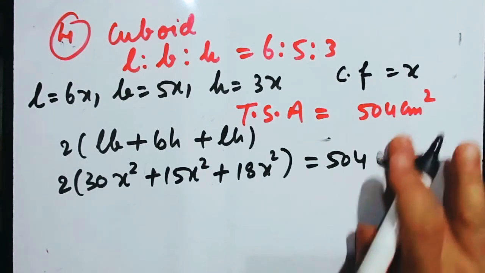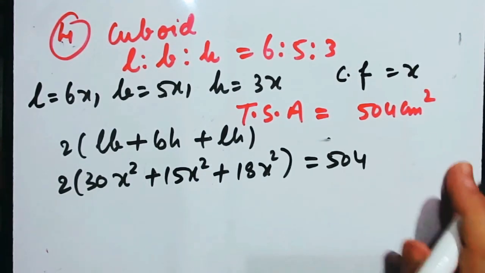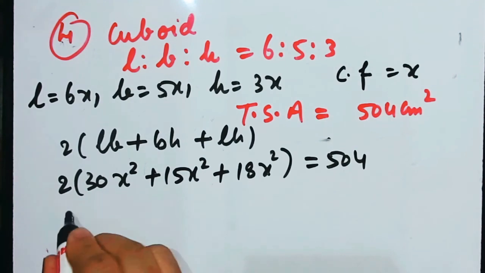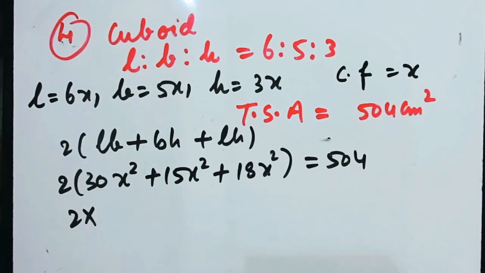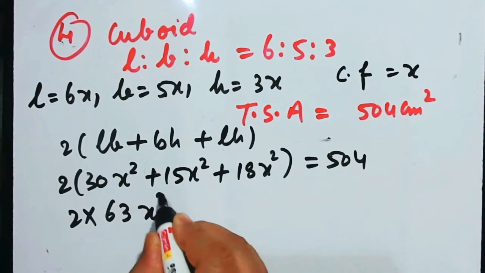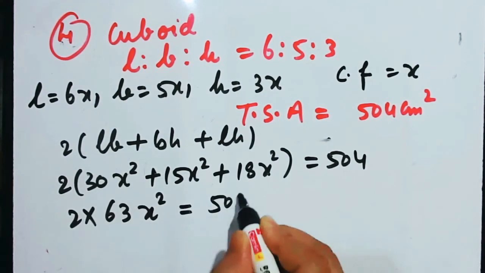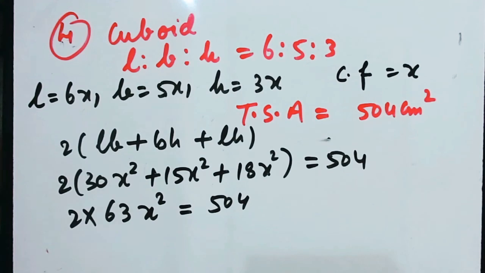You shouldn't write the units over there, at the end I am going to put the values. So when you add, how much do you get? 2 times 63x square is equal to 504.